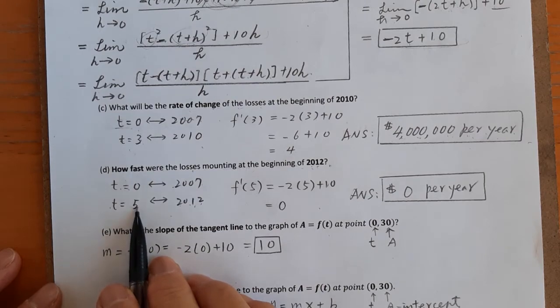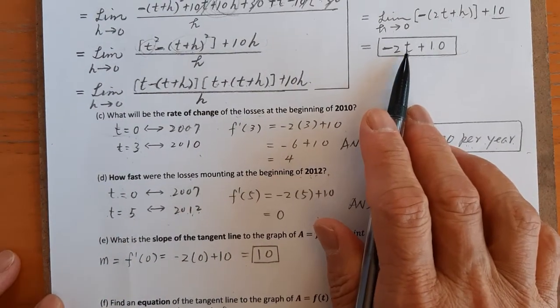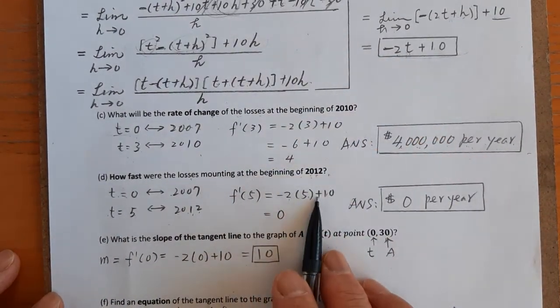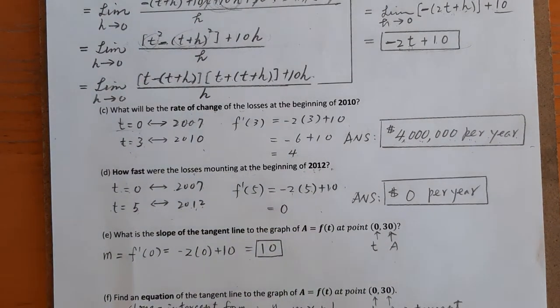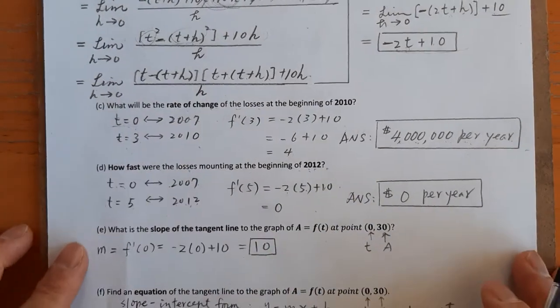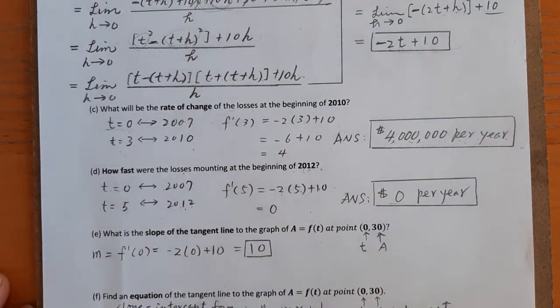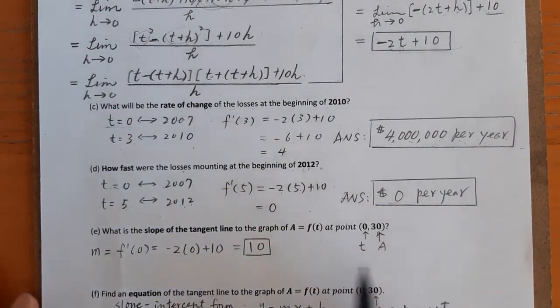Plug 5 into this function: -2 times 5 plus 10 is 0. So the instantaneous rate of change is $0 per year at 2012.